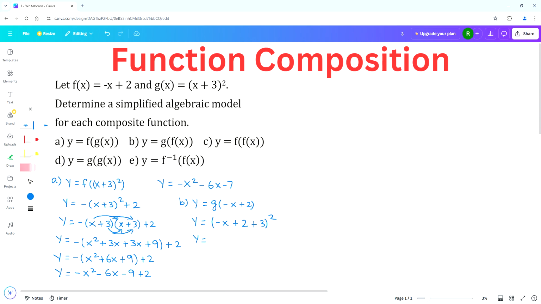Next, we can combine the like terms in the parentheses. Next, we can distribute the square by multiplying -x + 5 by itself.